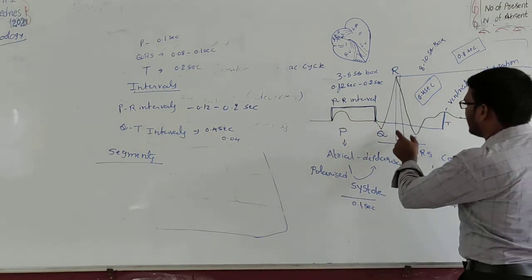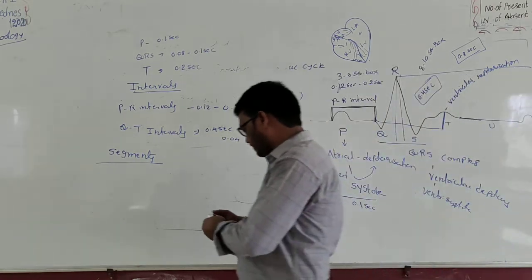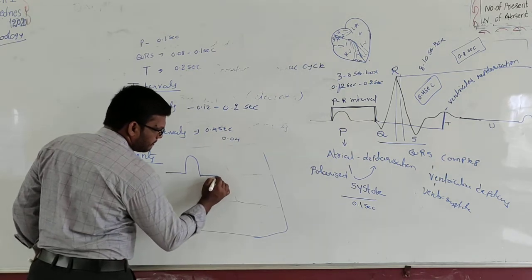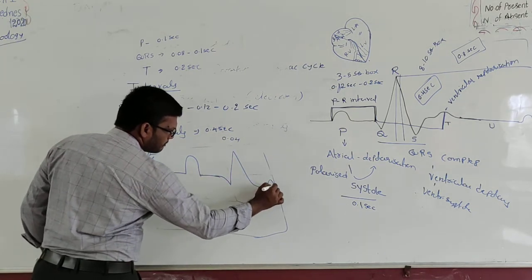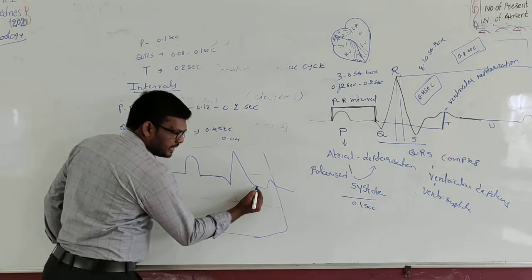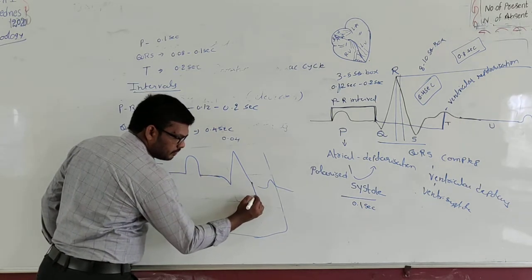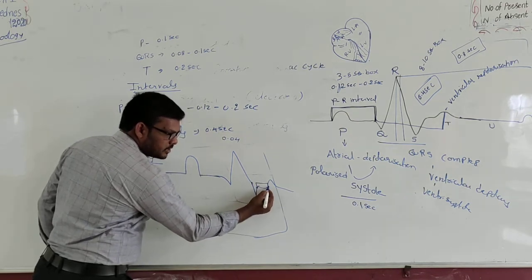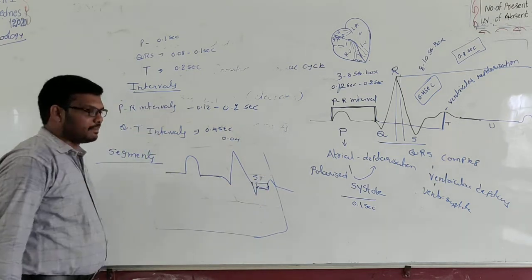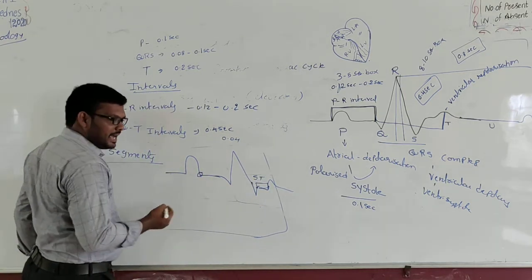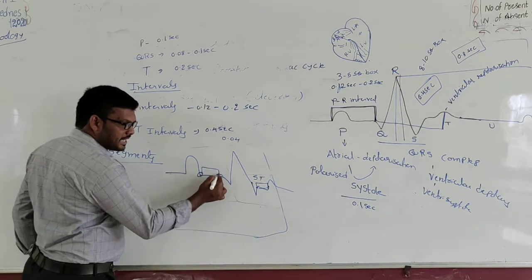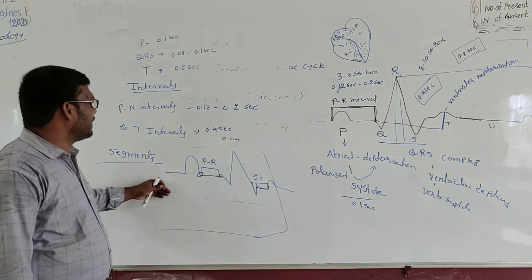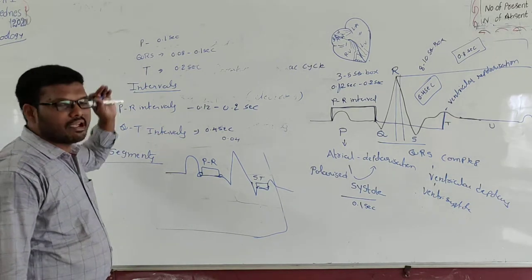And the end of S point and the starting of T point, this is called the ST segment. That's why there are two segments, two intervals and three waves.